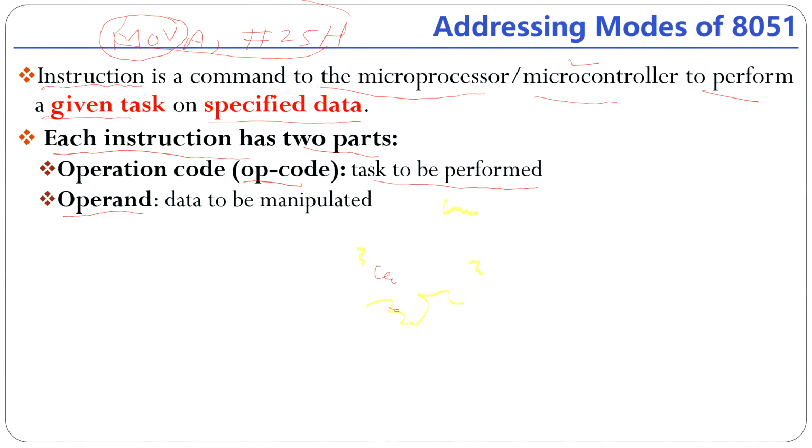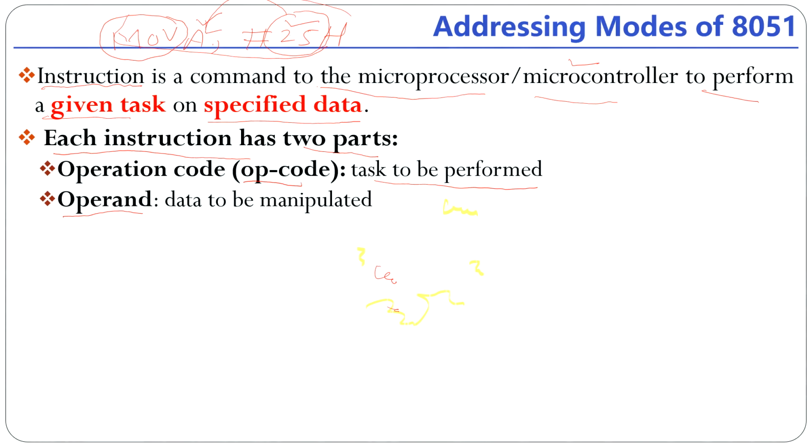Okay, operand is nothing but this one and this one. This operand is called the destination operand. This operand is the source operand. So basically this data is copied from here and pasted in this register. Okay, this is the thing.